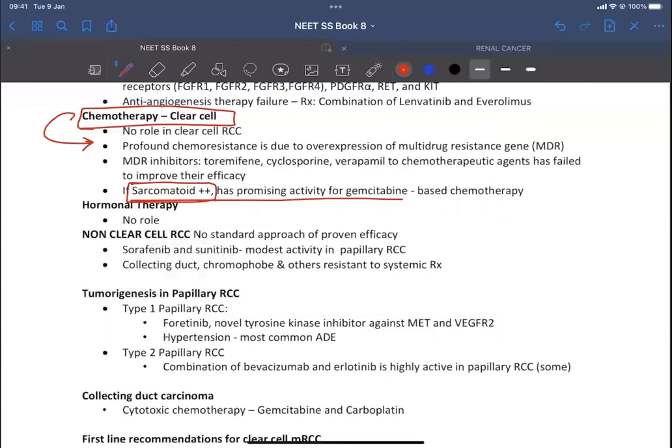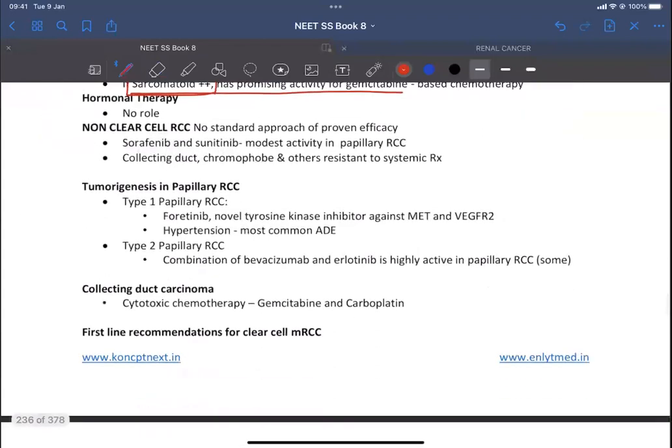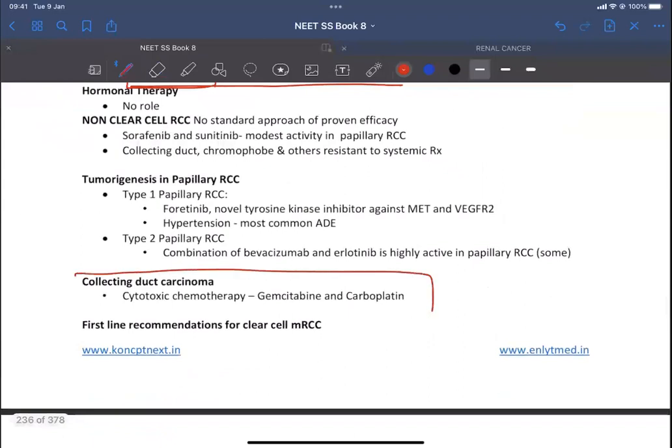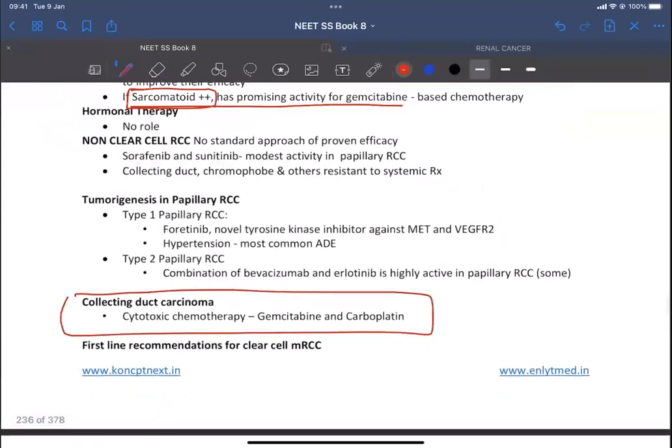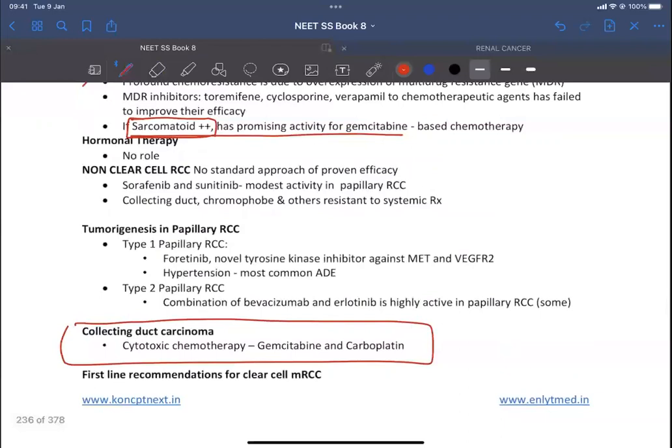Sarcomatoid variants and collecting duct tumors are the only two areas where you can give chemotherapy. So that's what you need to remember. You don't need to remember what the chemotherapy is, but make sure that for sarcomatoid and collecting duct carcinoma, yes, you can give chemotherapy.